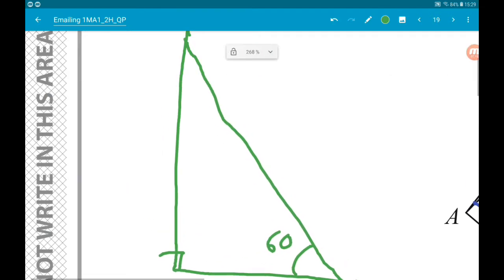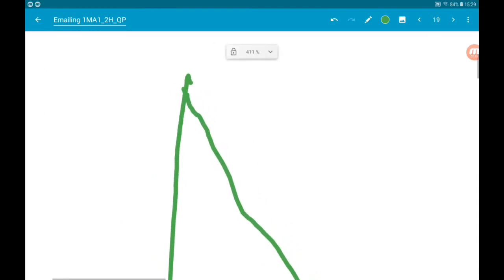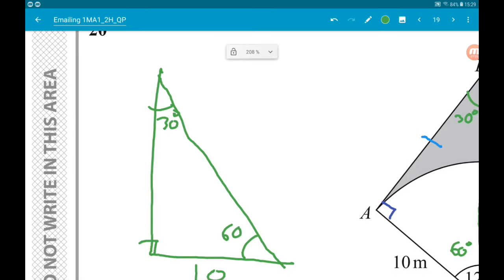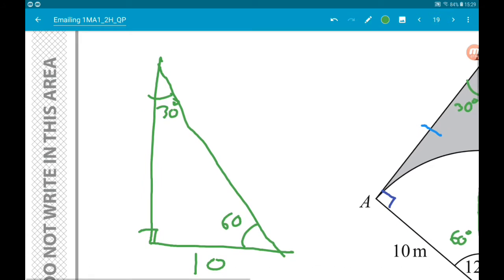Now, as it goes, we didn't actually need this other angle, but when in Rome. So what we need to do is work out the height of this triangle. Base times height divided by 2 gives us the area. And to work out the height, we're going to use SOHCAHTOA.